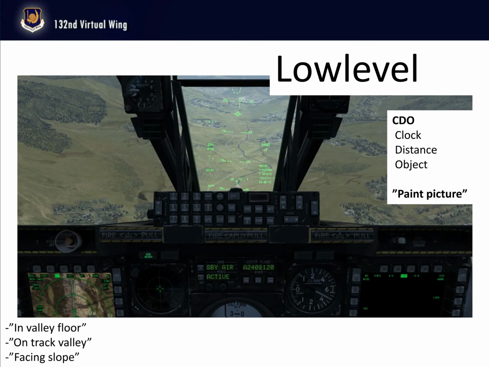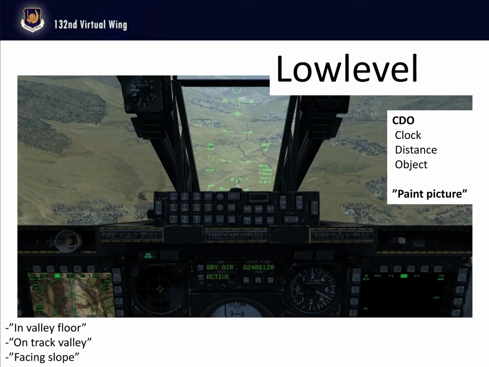For low level, it's not very useful for you guys because you'll hardly do pop-ups or low level attack runs, I think. But we use the CDO method, clock, distance, object. We don't use east, west, north, south because when you fly low level inside a valley like this on slide 22, the directions are confusing.